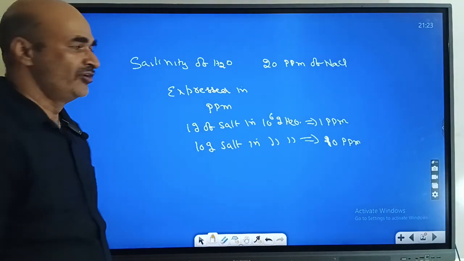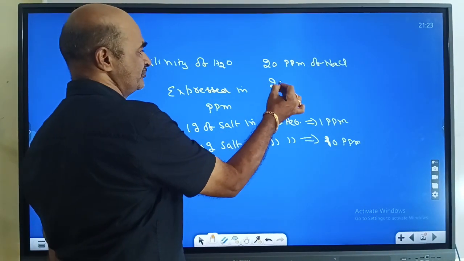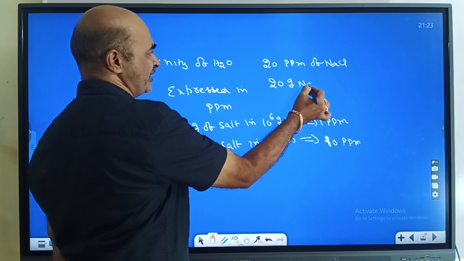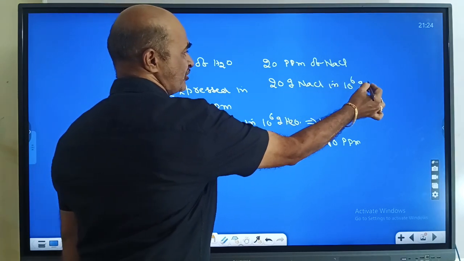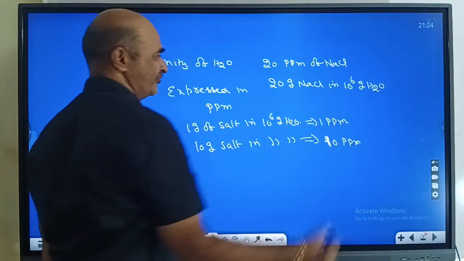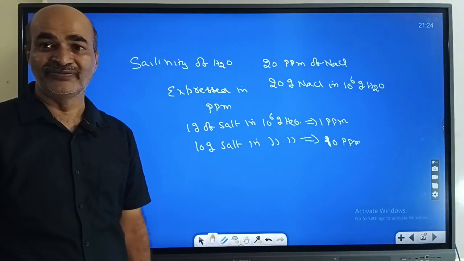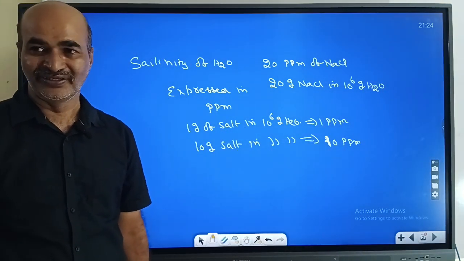It means 20 grams of NaCl in 10 to the power of 6 grams of water.